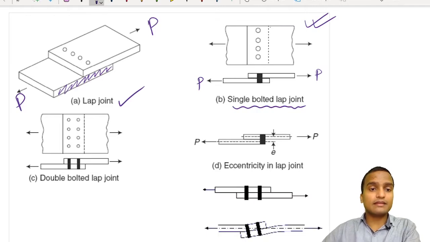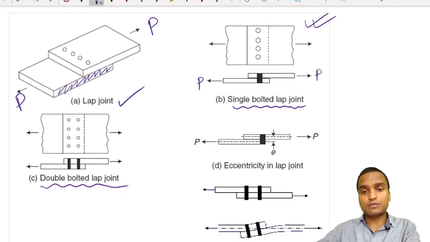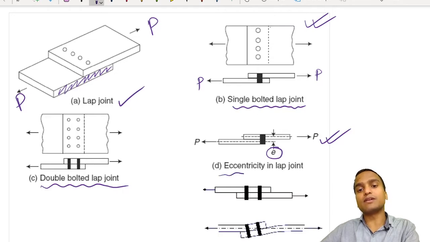Okay, and in this case we have provided two rows of bolting. So this is double bolted lap joint, and we can observe the distance E between these two axial forces which are eccentric. So the joint became an eccentric joint.